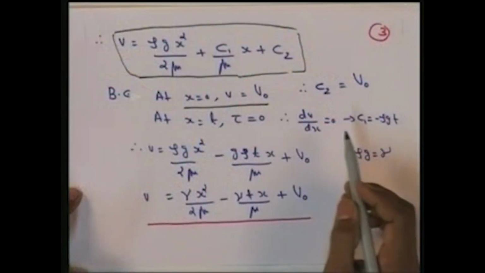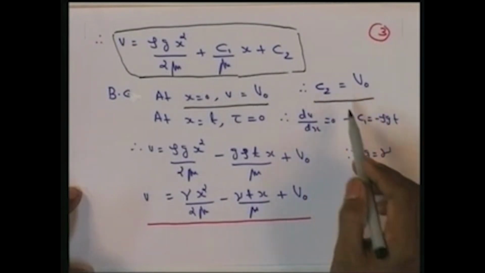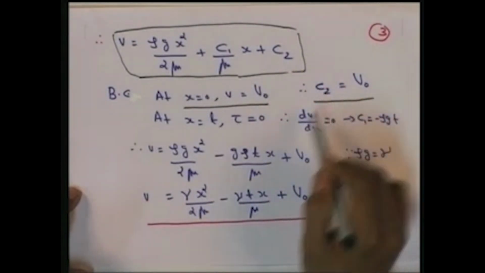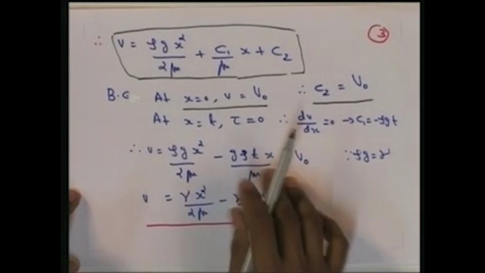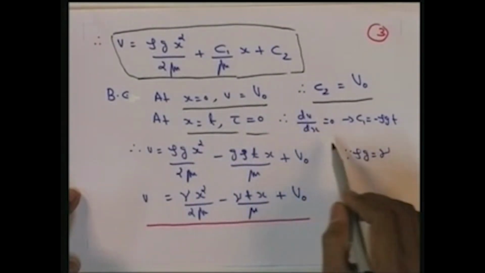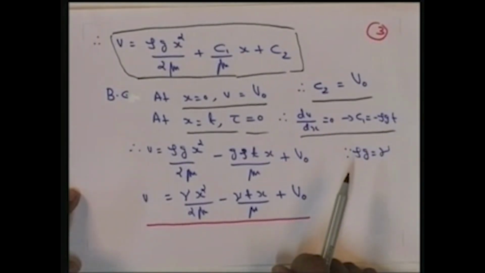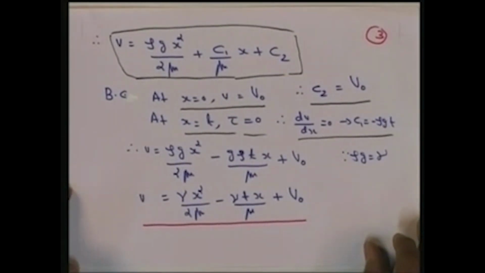The first boundary condition is x equal to 0, v is equal to capital V0, from which we get C2 is equal to V0. The second boundary condition is at x equal to t, tau is equal to 0, so dv by dx is equal to 0, from which we get C1 is equal to minus rho g into t, where g is the acceleration due to gravity and rho is the mass density of the fluid.